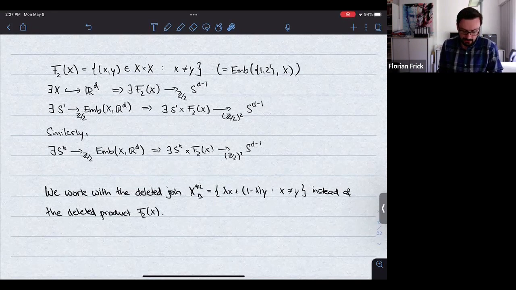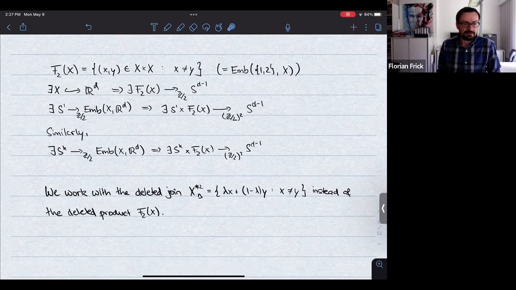Okay. And in the same way, if you have a non-chiral embedding, so you have this Z mod 2 equivariant circle in your space of embeddings, well, that just means there is a Z mod 2 squared equivariant map from S^1 times the 2-point configuration space into S^(d-1). And now you see why it's all the same, whether you ask this question for S^1 or S^k, because for S^k, you just have a map where you write k instead of 1 here.